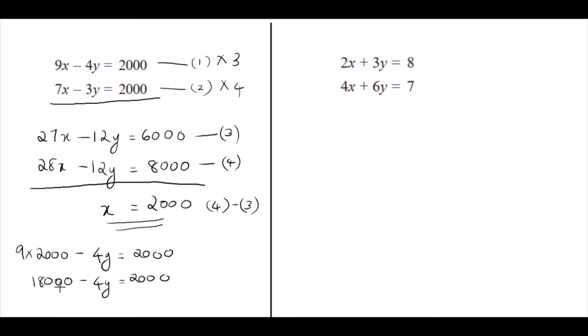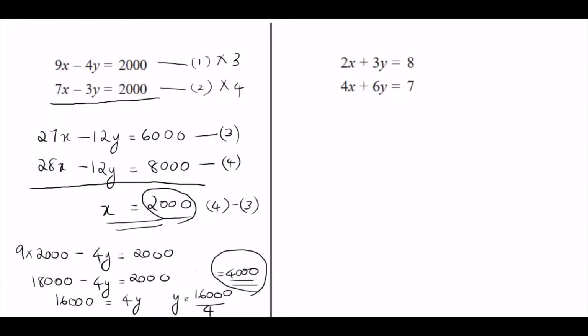When you take this 2000 to this side, you get 18,000 minus 2000, that is 16,000, that is equal to 4y. So y is equal to 16,000 by 4, that is equal to 4000. So the value of y is 4000 and the value of x is 2000.